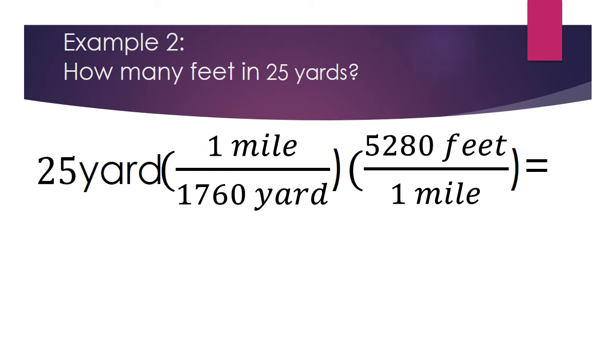So we write down a second conversion ratio, which includes the mile at the denominator and the feet at the top of the ratio. This will help us cancel the units because yard and yard cancel each other, mile and mile cancel each other, and we end up with 1 unit only, in feet.